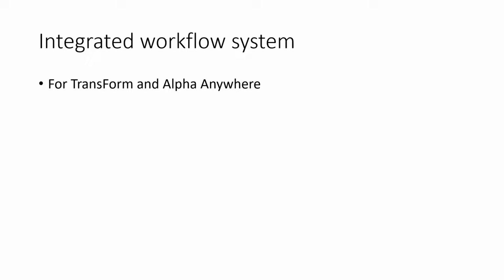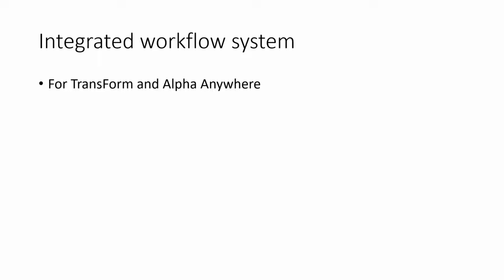As we talked about last year, we're working towards an integrated workflow system. This is for TransForm and for Alpha Anywhere. As with a lot of the other things we've talked about, like the login and the connected applications, a lot of the stuff that we do for TransForm is also available to Alpha Anywhere and vice versa.